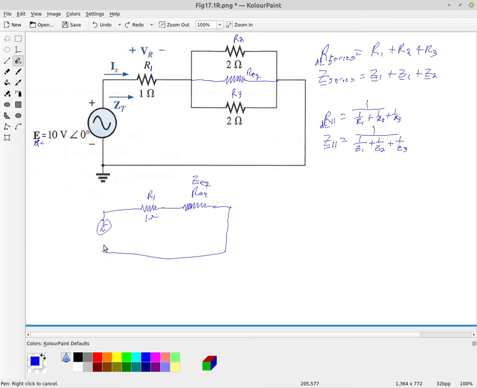And we could redraw our circuit then, and it would look just like it did for the DC circuit, except for, of course, we have an AC supply. So we can calculate that this Z equivalent is 2 resistors in parallel.